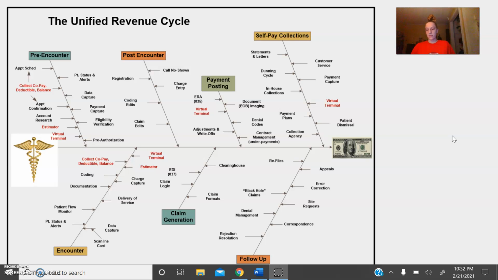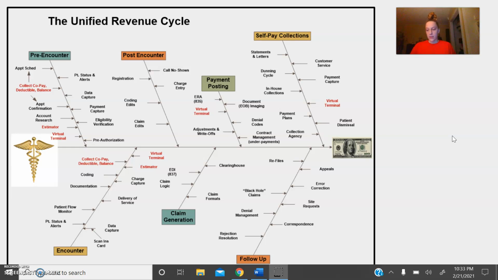The first step in my tasks is collecting statements and letters. Part of my job is also to be there as a customer service resource. I help talk patients through their payment statement and letters so they understand what action needs to be taken to pay off their medical service bill.